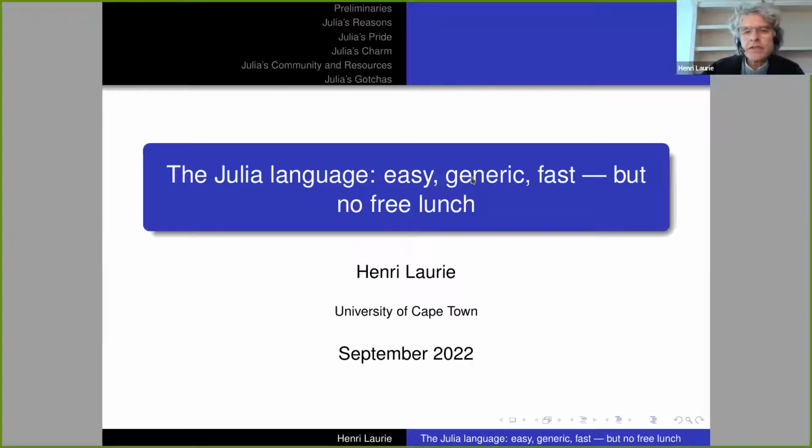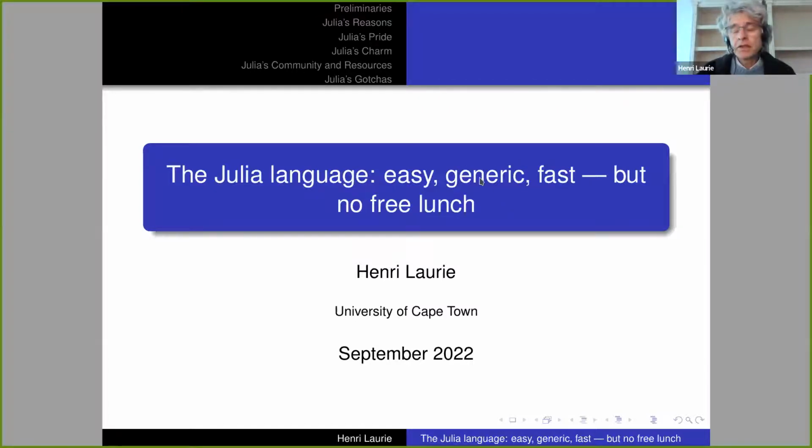This phrase, easy, generic, fast, is taken from what some of the founders of Julia have been saying, not really at the beginning, but in more recent years, where the ease of Julia is what one finds in many dynamic languages, but it is very generic as well.